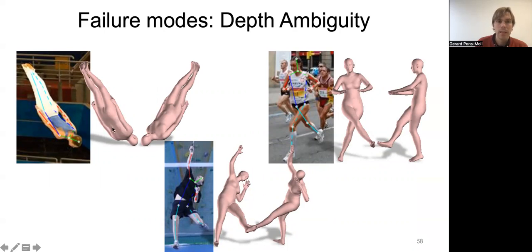You notice that the body has been flipped with respect to the image. Or for example, here, the leg is further away from the camera, and after fitting we obtain a leg that is closer to the camera. And still, when you look at the joints, this leg is essentially fitting the image well. And here you have a leg swap because of ambiguity in the detections. So these are typical failure modes that still happen in optimization-based methods.